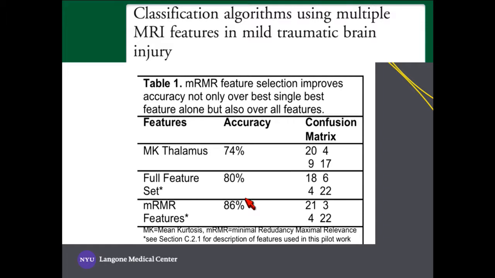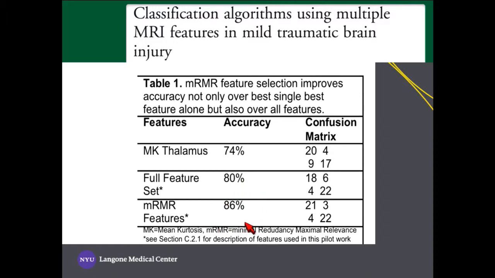And we did something like this with handcrafted features. We were trying to identify patients with mild traumatic brain injury, which, as you know, is very difficult for us to see the injury. And we used diffusion, kurtosis, ADC, a bunch of different features in different areas of the brain, in the corpus callosum, et cetera. And you see the best feature alone had 74% accuracy, but then when we used lots of features, it improved the accuracy.